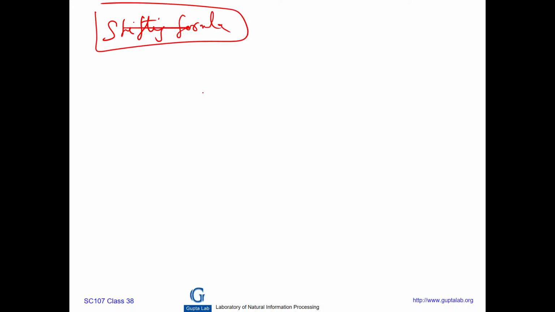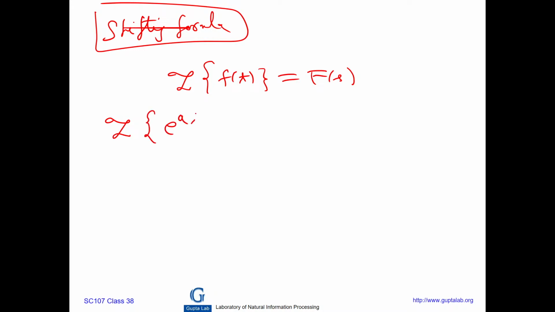Now another very interesting formula is the shifting formula. Very useful. Many times people use it for computing. What is the shifting formula? Suppose the Laplace transformation of f of t is capital F of s. Then the Laplace transformation of e raised to power at times f of t is capital F of s minus a.